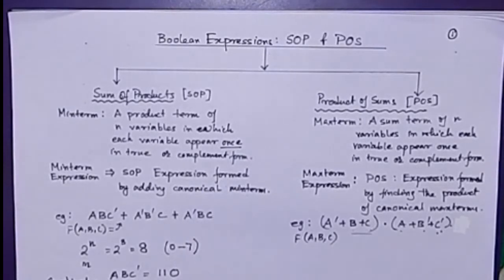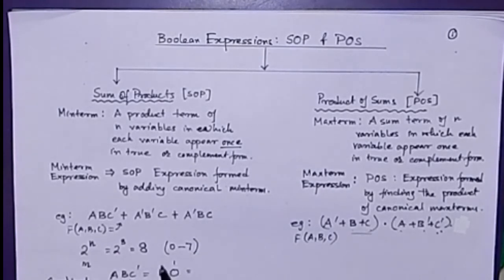So we can write a b c dashed as 1 1 0. A dashed b dashed c is 0 0 1, and a dashed b c can be written as 0 1 1.